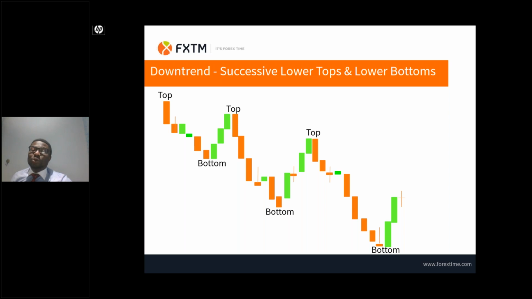Like I said, for you to have a downtrend, it must be a minimum of 2 lower tops and 2 lower bottoms. Then a downtrend is established when the second lower bottom is broken downwards. When price breaks the second lower bottom downwards, then you say a downtrend is established. What we need is a minimum of 2 lowering tops and 2 lowering bottoms.